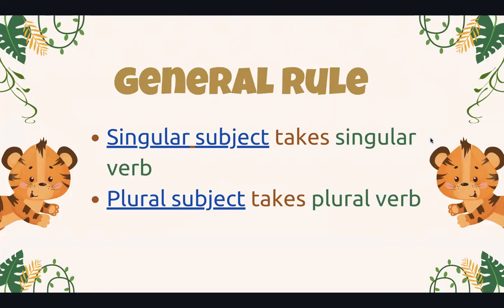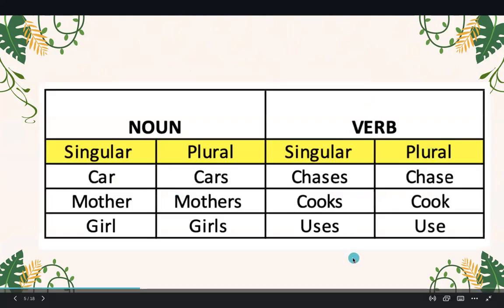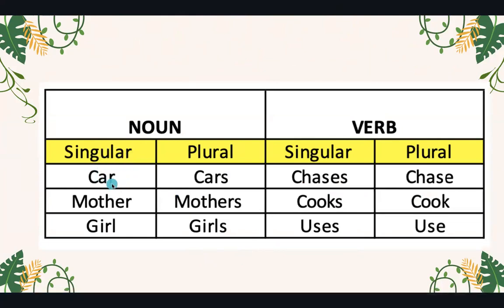First is the general rule. You always have to remember that a singular subject takes a singular verb and a plural subject takes a plural verb. For better understanding, we have here an example. You can see on the screen that we have the singular subject, which is car, and the plural subject, cars.